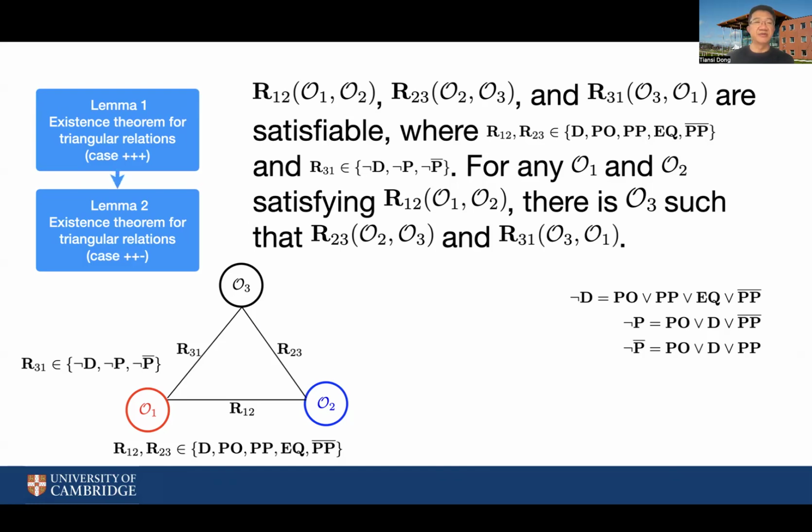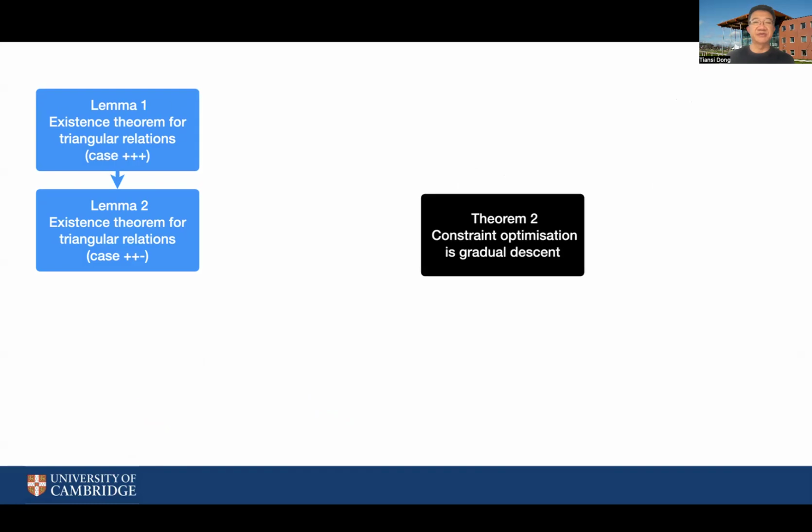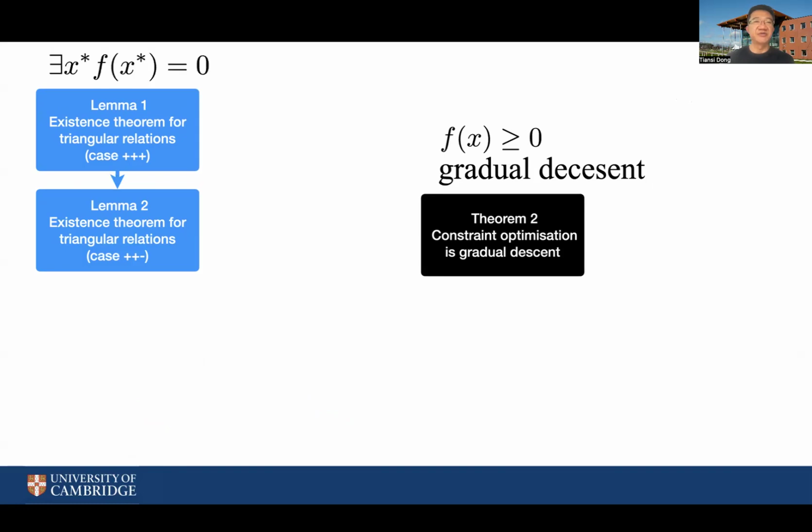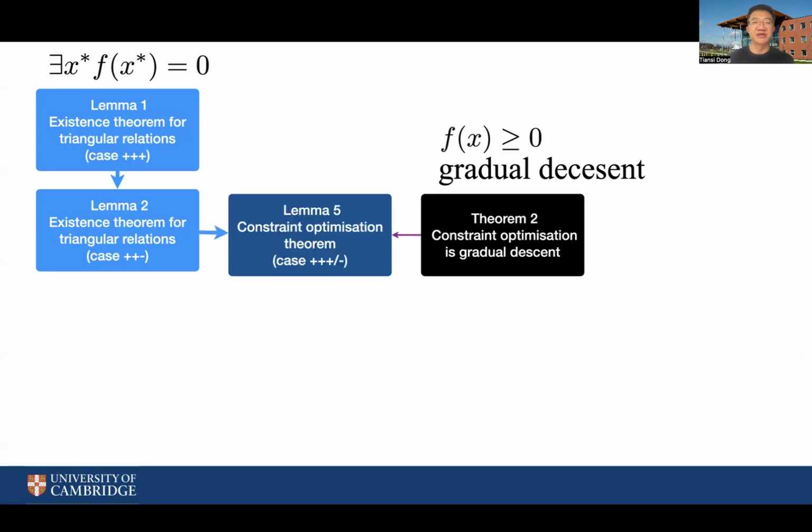Then we have f(x) greater than 0 and gradient descent, and we find a specific x star equals 0. So put them together, we have the first lemma: given this condition, the control process can create a model in one epoch.